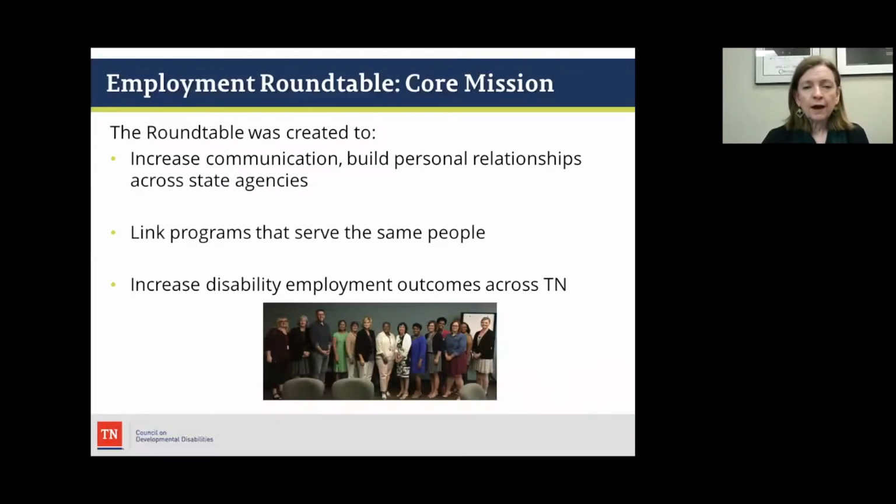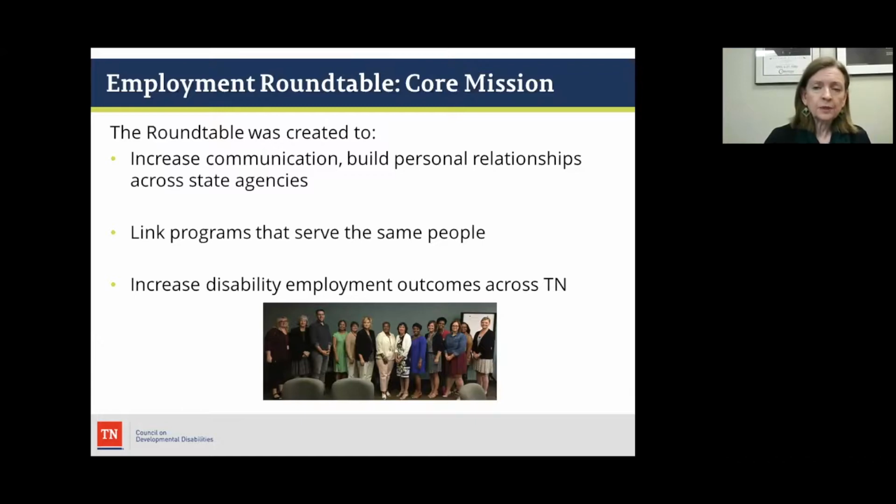So I think I mentioned earlier that our core mission really was to increase communication among these state programs. So many of them are not only doing similar programs with certainly the same goal, but also in a lot of cases serving the same people.